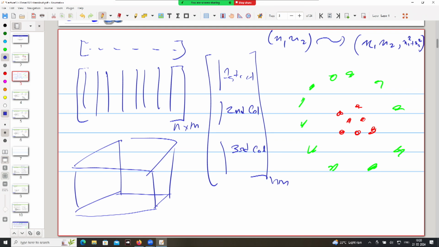Once I do this, the picture will sort of look like this. I'm basically projecting these points into 3 dimensions. So these green points will become a circle over here, and the red points will become another circle over here. And in this 3D space, you can find a 2D plane separating the green from the red.